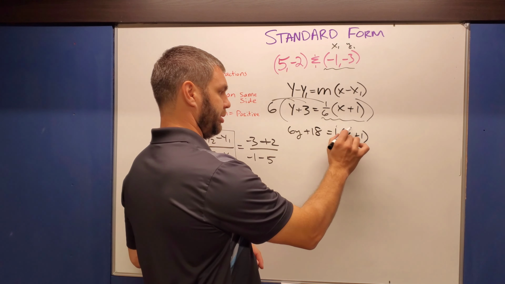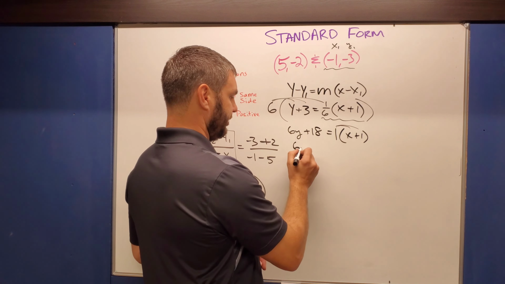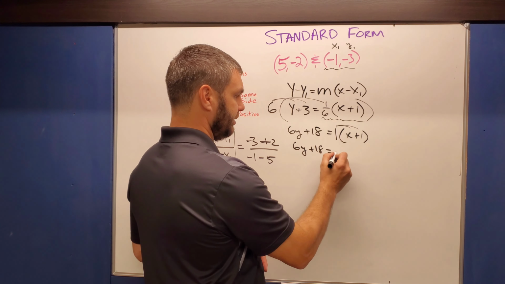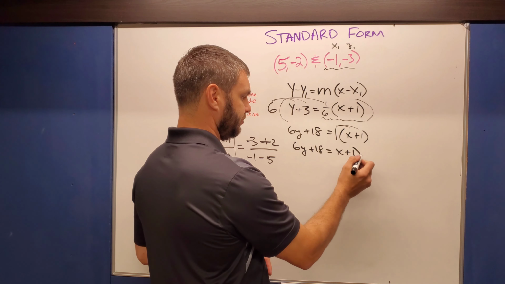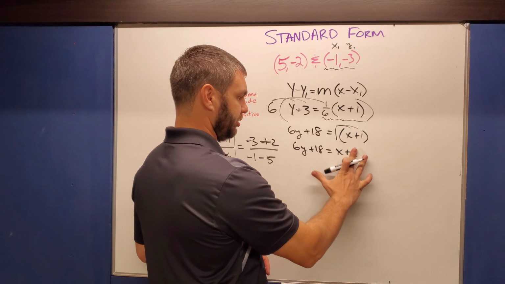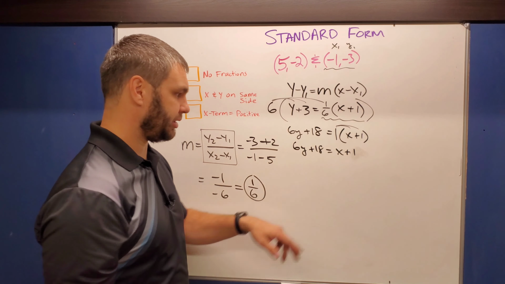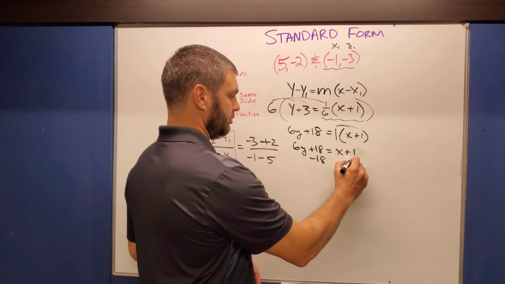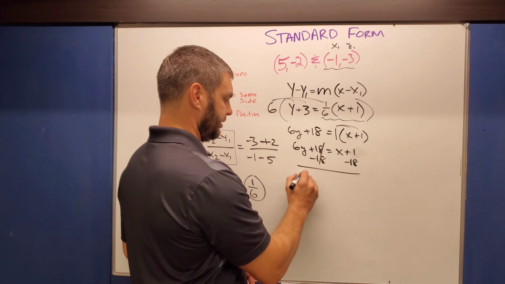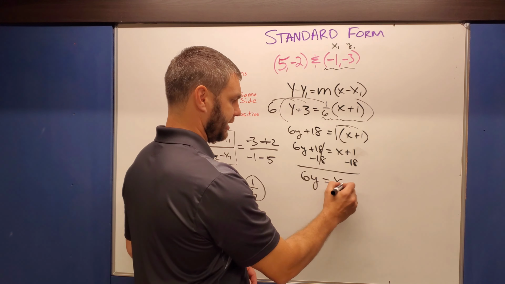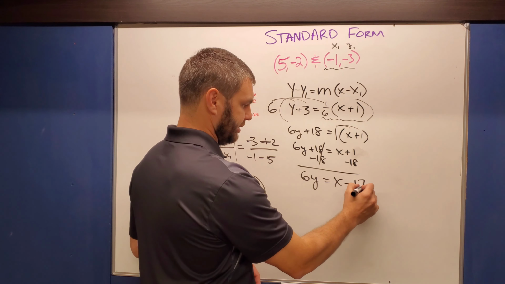All right, let's distribute this 1 in, and we'll have 6y plus 18 equals just x plus 1. You don't need the parentheses anymore. I'm going to move the 18 to the other side. That gives me 6y equals x minus 17.